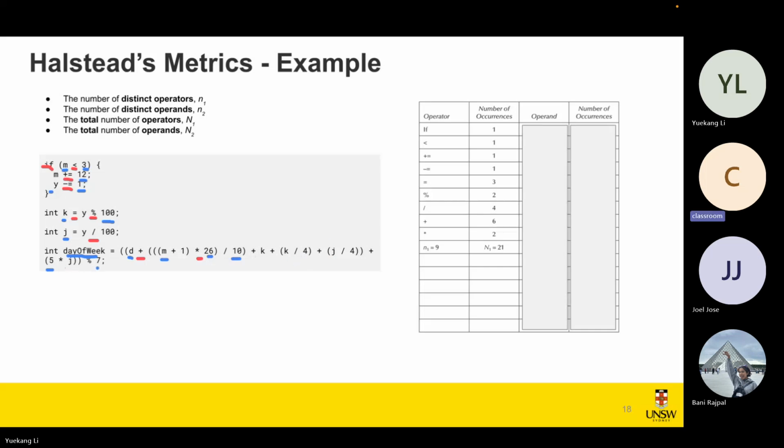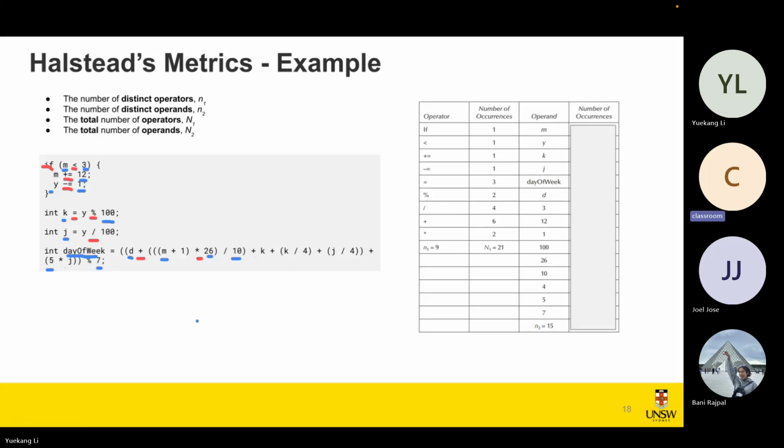We have 5, we have 7, right? So these are the operands here we have. So the unique number of operands is 15 here.